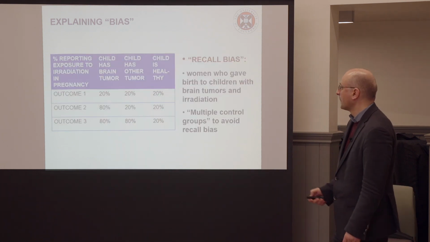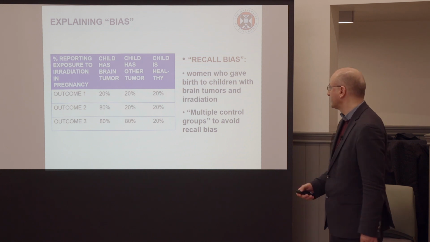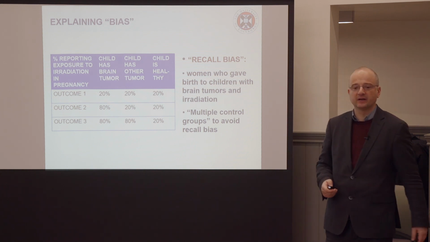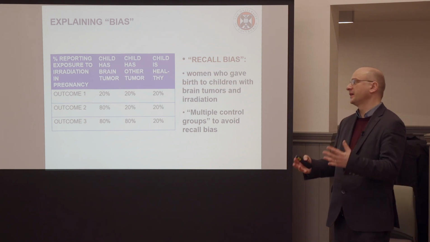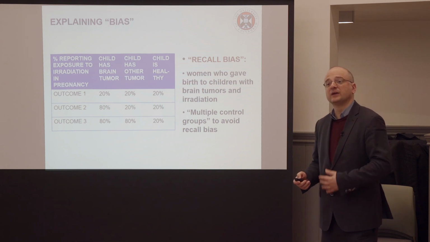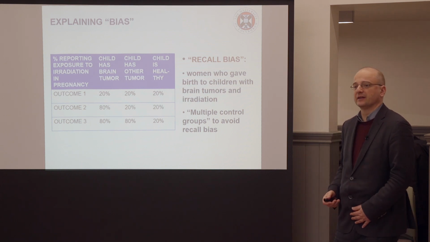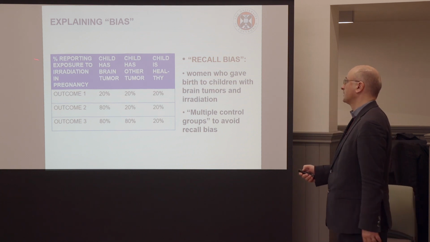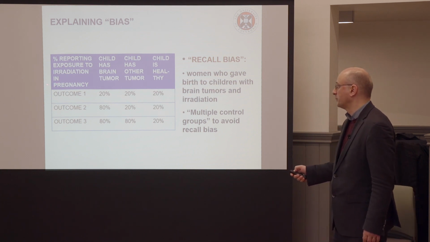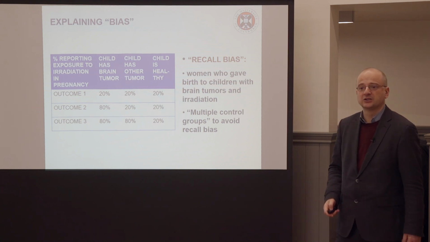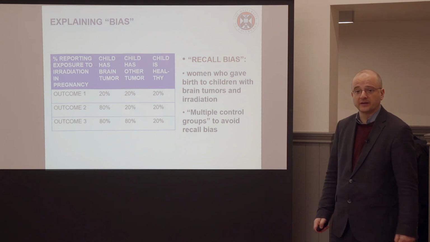All right? Now, another kind of bias is recall bias. We want people to remember something, and memories are very subjective and inconsistent and unreliable. Human memories are phenomenally unreliable. So we would like to know whether exposure to irradiation in pregnancy could have led to brain tumor in a child. That's our research question.